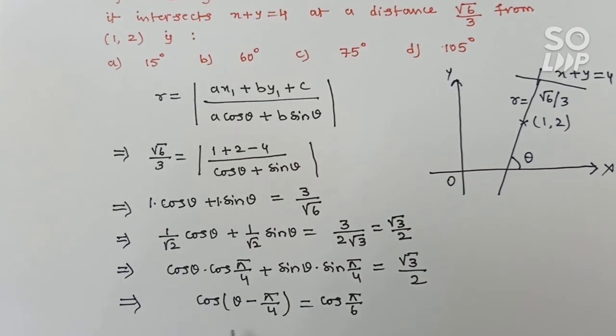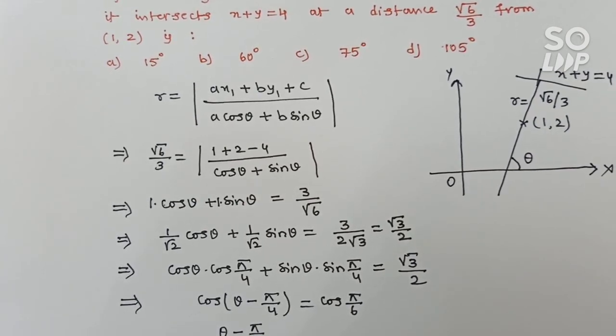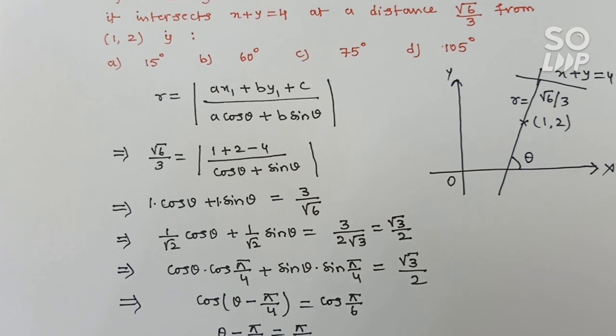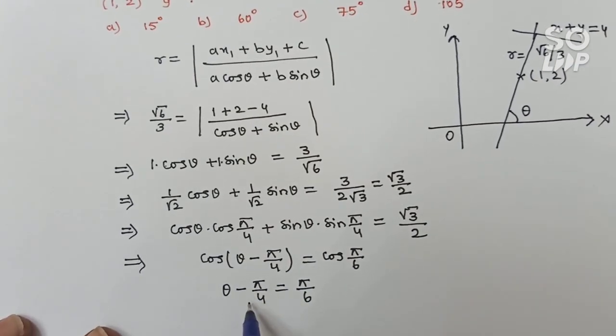So both sides are equal. That implies theta minus pi by 4 is equal to pi by 6. From this we can write that pi by 4 is 45 and pi by 6 is 30.